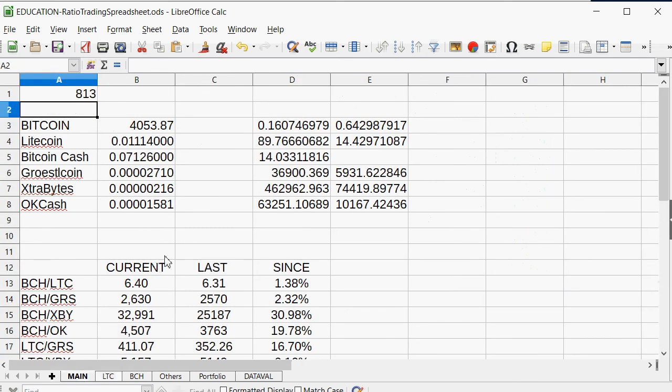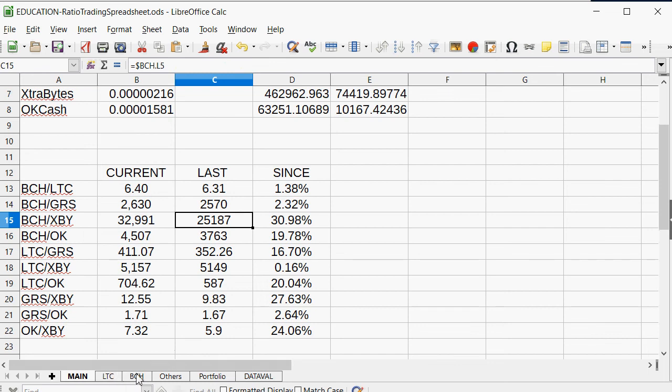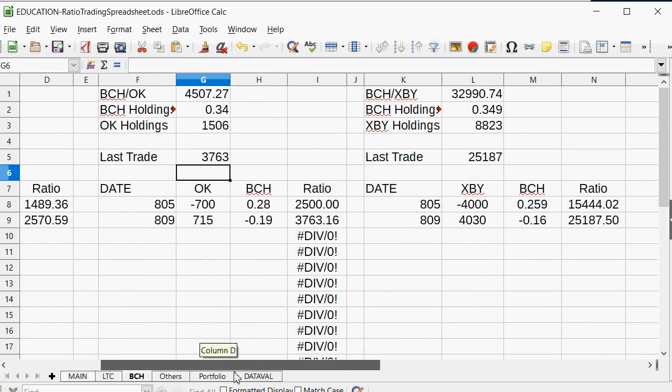Okay, that one's done. We got this 31% lurking around here. Bitcoin Cash and XBY, it's going up. That's Bitcoin Cash overperforming XBY. So let's go find that.